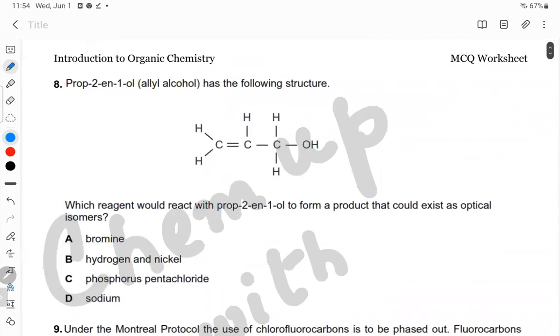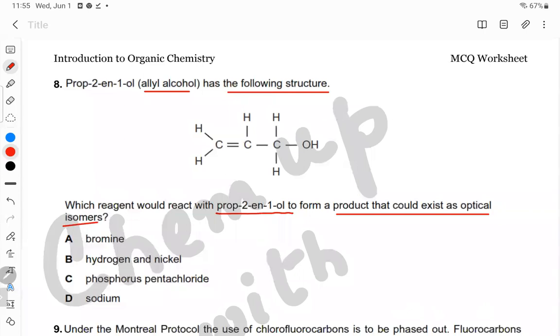Okay. Now, prop-2-yn-1-ol, an allyl alcohol, has the following structure. Which reagent will react with prop-2-yn-1-ol to form a product that could exist as an optical isomer?